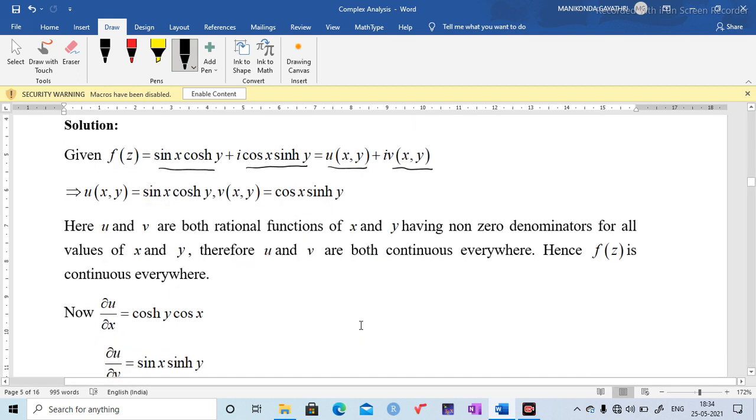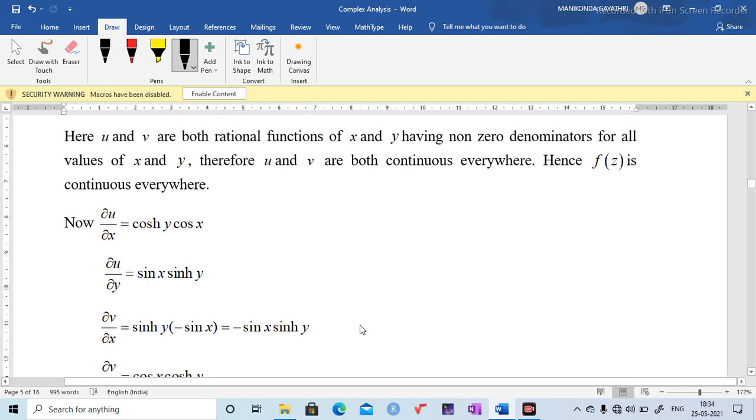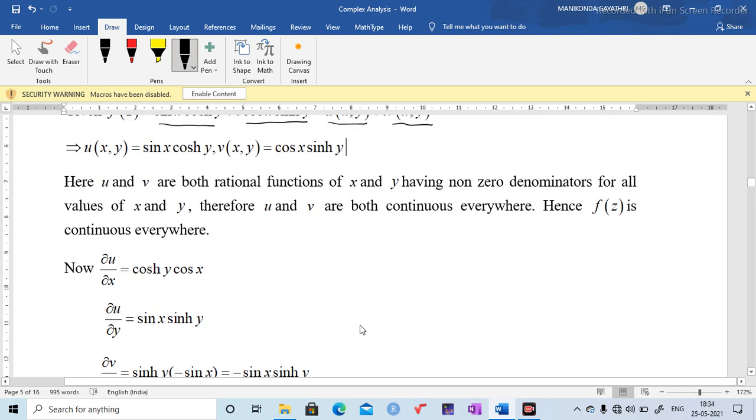Here u and v are continuous, and f is formed by using u and v only. That's why f is also continuous everywhere. Now, I am going to find the partial derivatives of u with respect to x and y, and of v with respect to x and y.